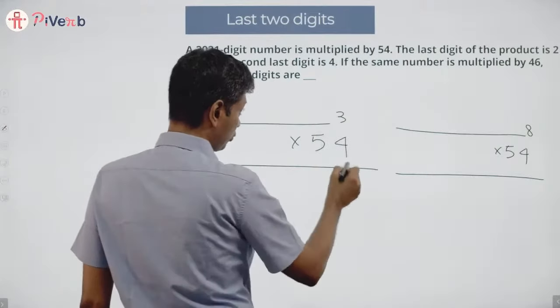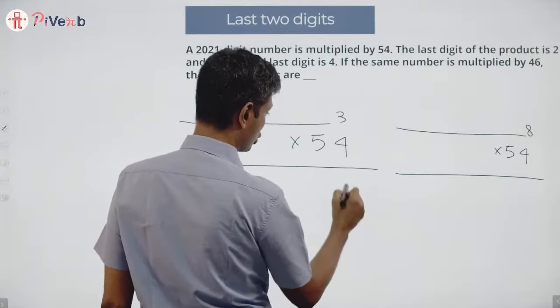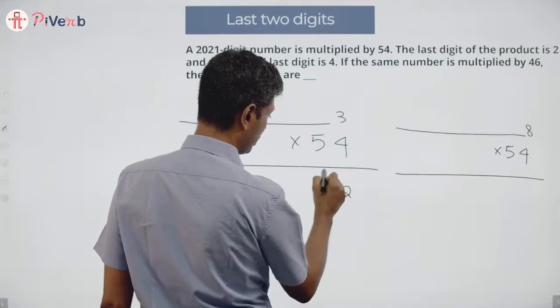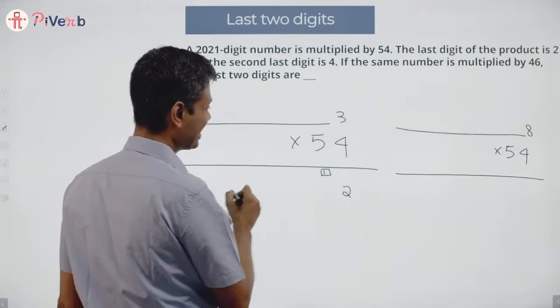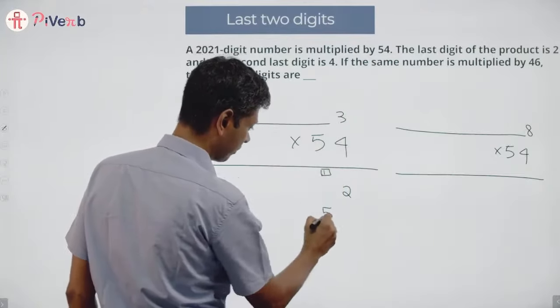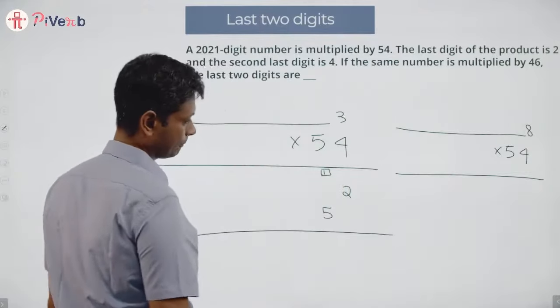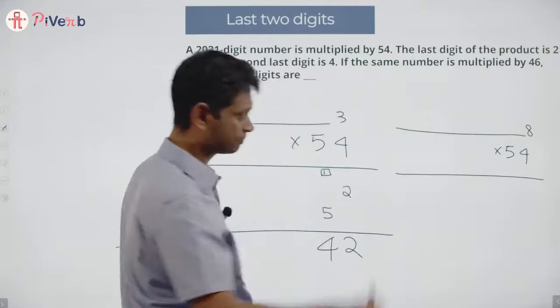Now I multiply this. 4 into 3 is 12. 2, 1 carried over. 5 into 3 is 15. This digit would be 5. And then my last two digits are 4, 2.